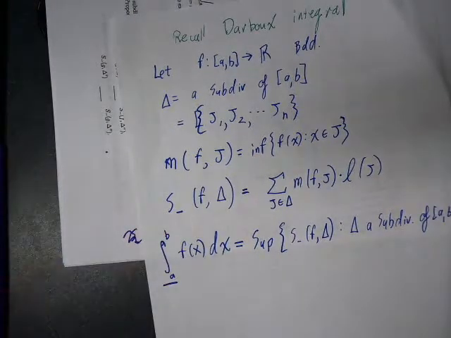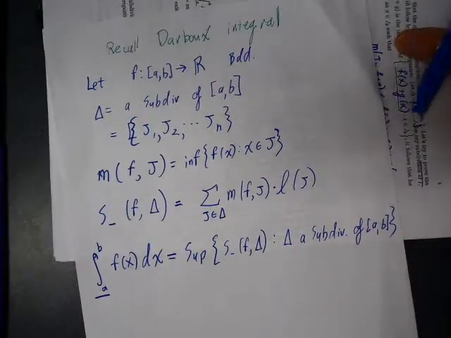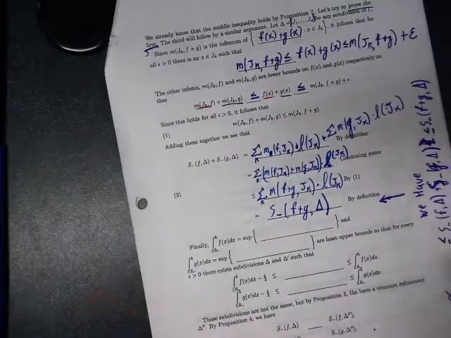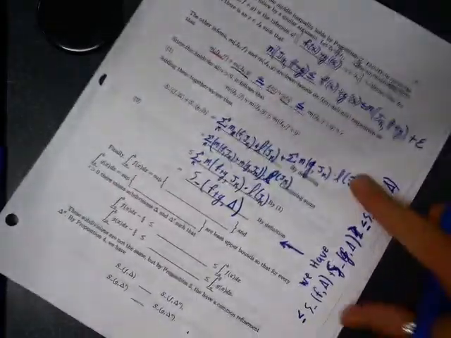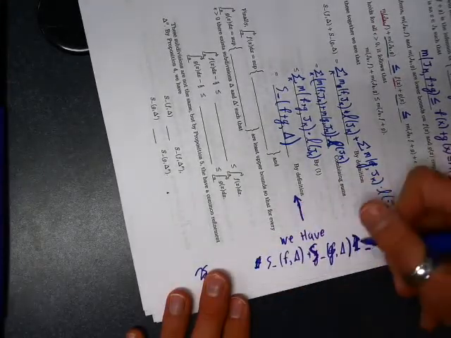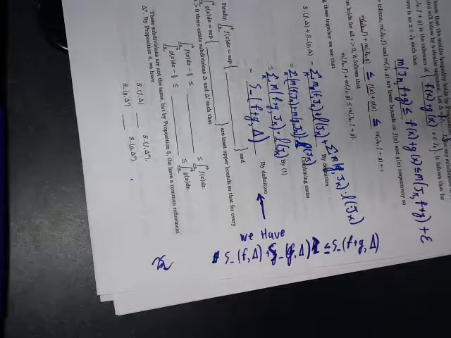Cool. So let's just recall what happened last time. So let's just try to convince ourselves of something. So right now we've shown that the lower Darboux sums satisfy the inequality we want to prove about the integrals.